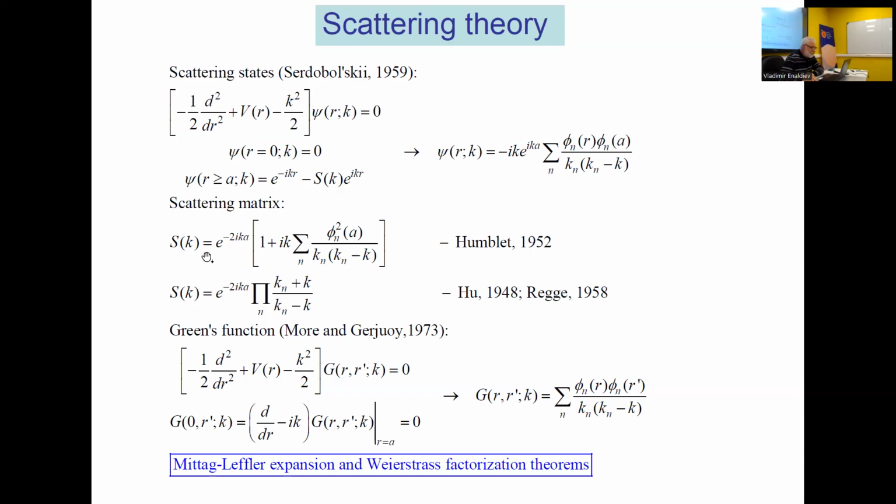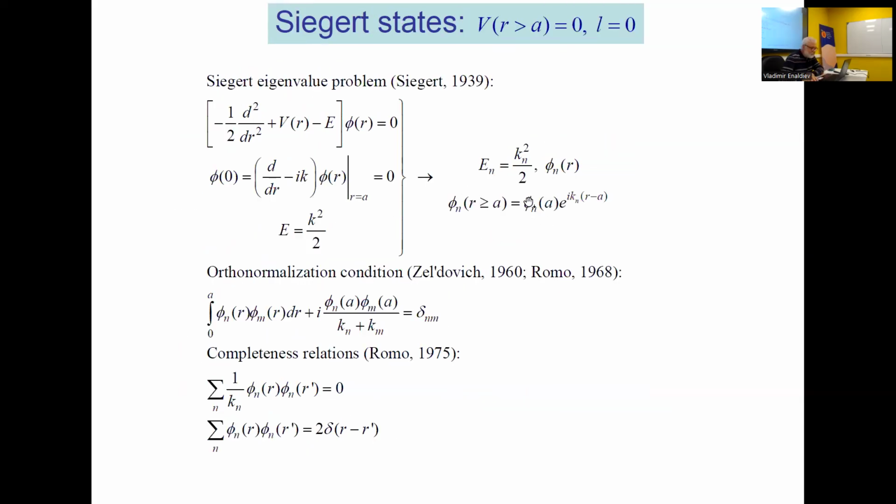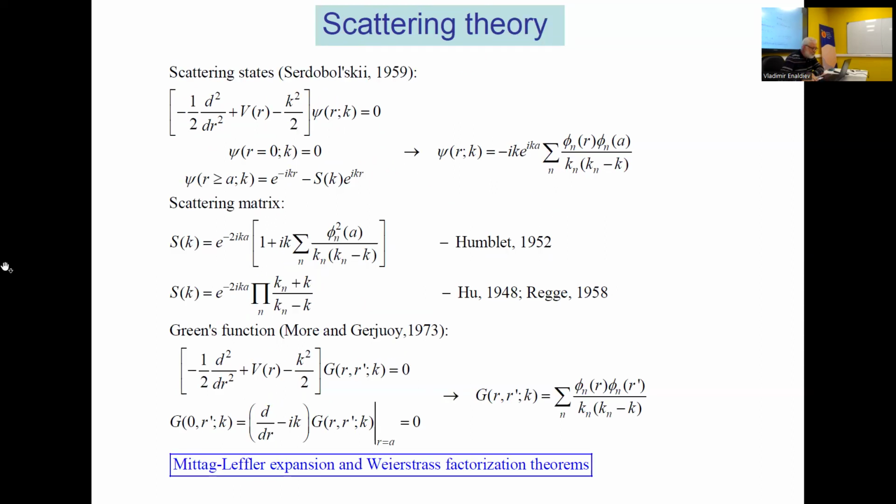This formula expresses the scattering matrix in terms of surface amplitudes. I call these values of the Siegert eigenfunction at r equal a Siegert surface amplitudes. This formula expresses the scattering matrix in terms of these Siegert surface amplitudes, and there is this resonance denominator. Now, the appearance of Breit-Wigner resonances is clear if one of the k_n lies close to the real axis.